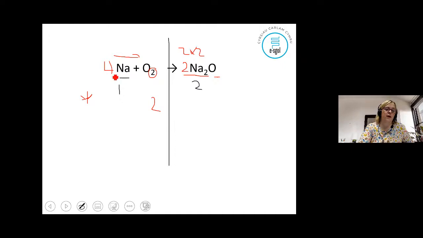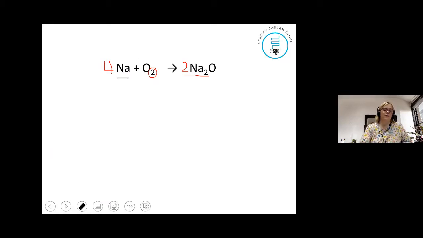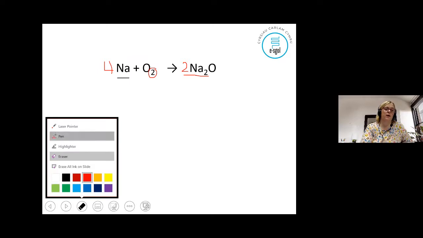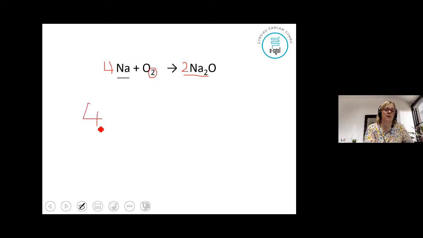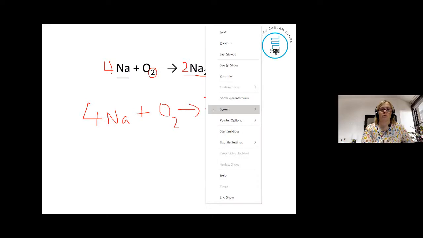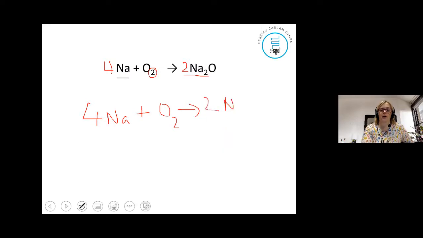So if you think about the balancing and the rationale behind it, what we've established is that is therefore going to be the balanced equation. Okay, so you need 4 Nas, took more than one journey, but we got there. You need 1 molecule of oxygen, and that will therefore be able to form 2 Na2O molecules as a compound formula.